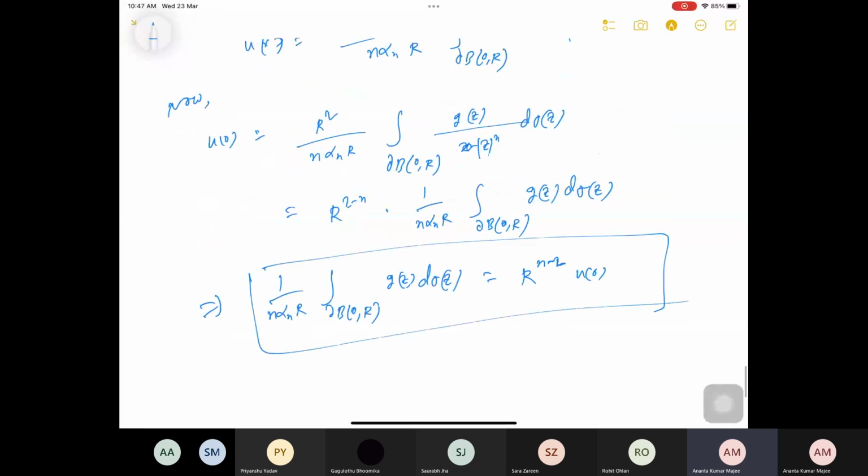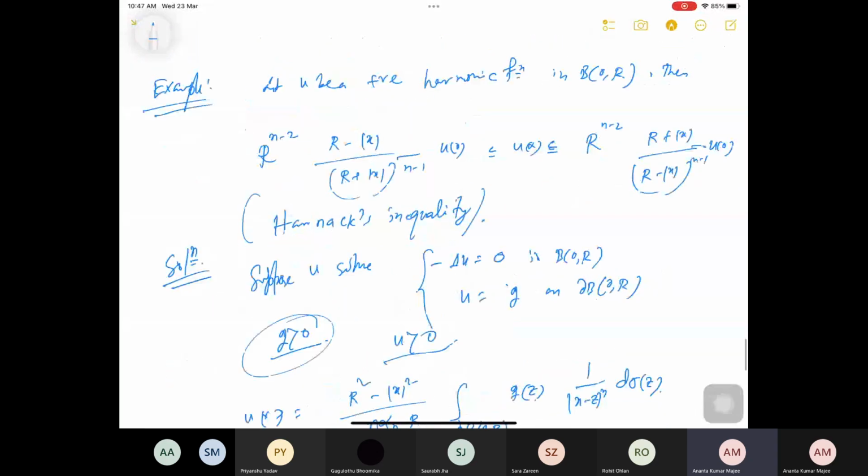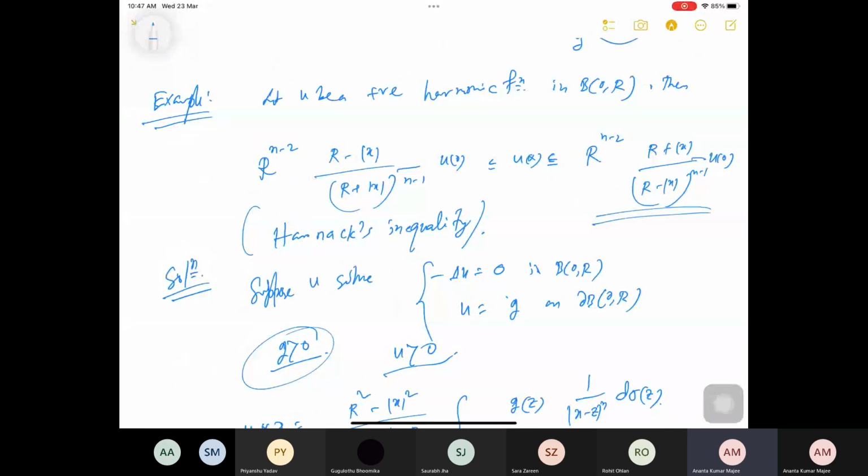Now we try to find the inequality form. Let us first find the right hand side inequality.